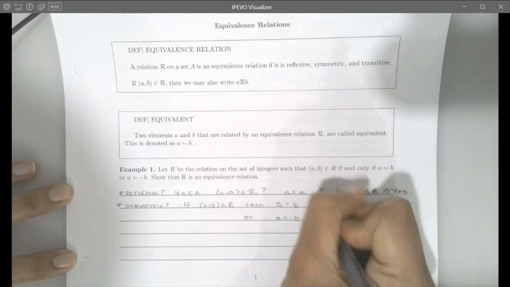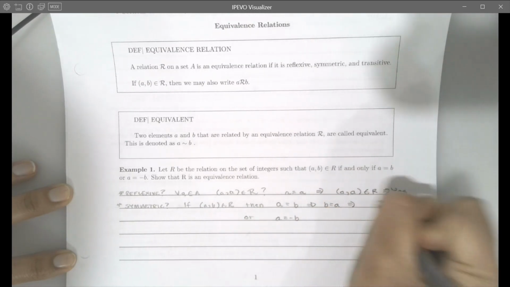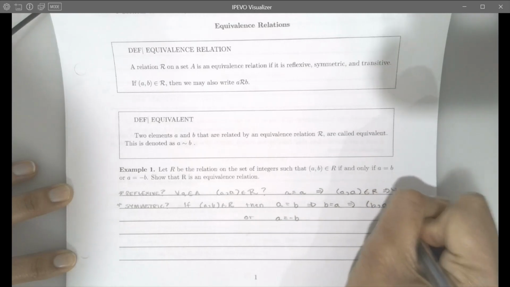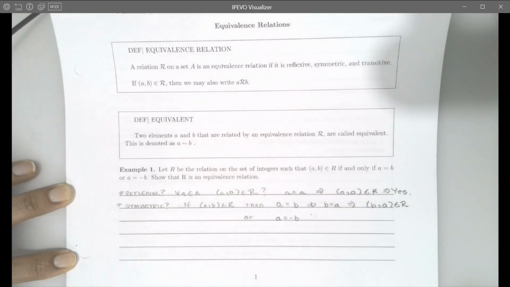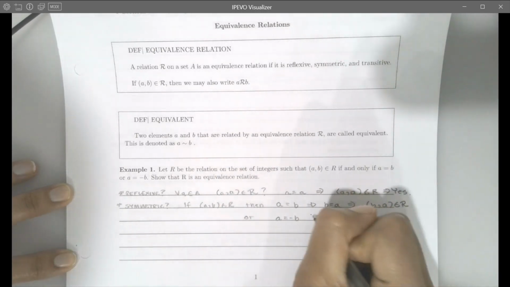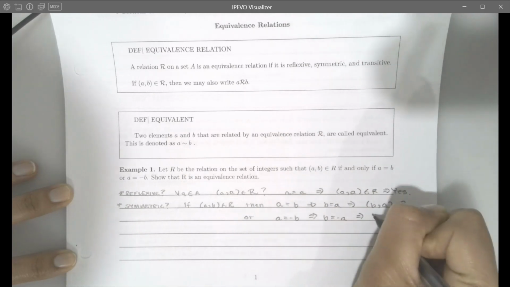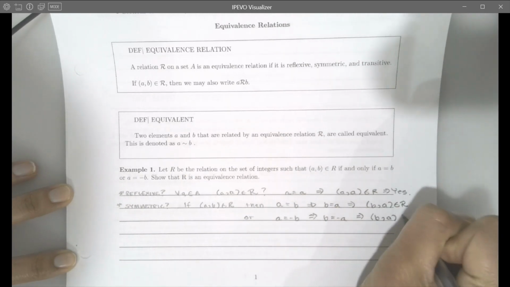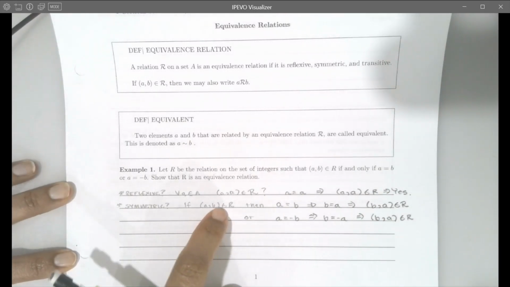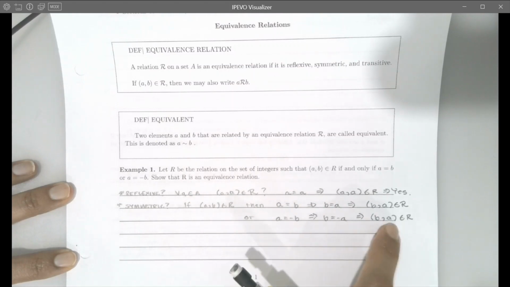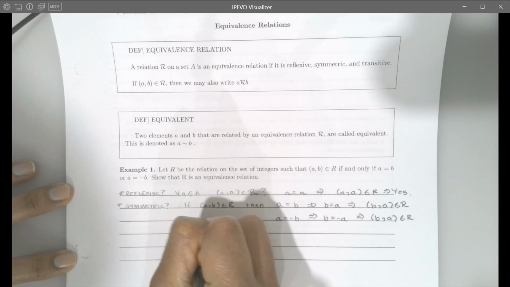If a is equal to b, then b is equal to a, and in such a case, (b, a) is part of the relation. If a is equal to negative b, that means that b is also equal to negative a, so (b, a) is also going to be part of the relation. So in either case, if (a, b) is part of R, then (b, a) is also part of R. So it is symmetric.